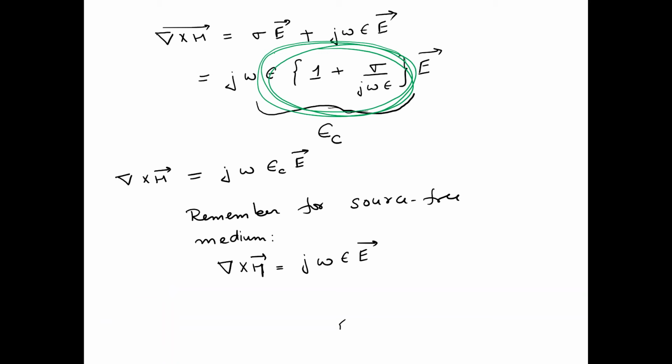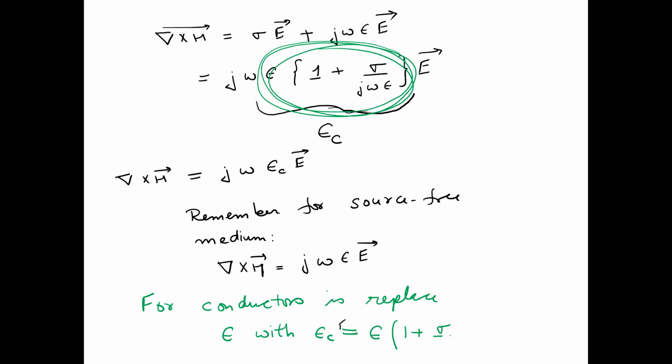So all I have to do for conductors is replace epsilon with epsilon c. In all the analysis I've done before, epsilon c is epsilon times (1 plus sigma by j omega epsilon).